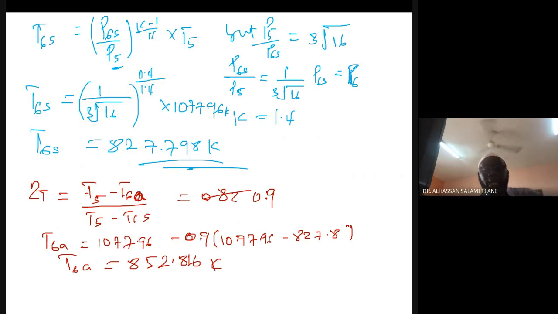So now we can easily determine the work input to the turbine.